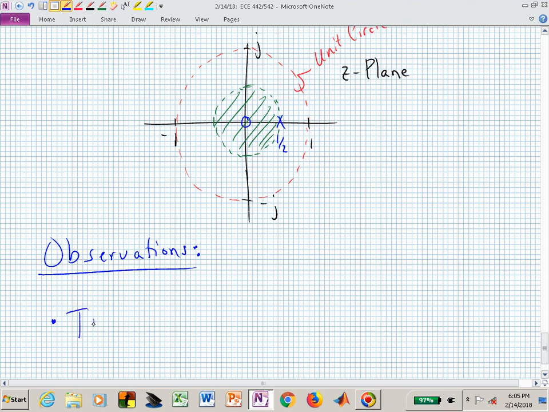Is that the time response, that's x sub 1 of n, or maybe let me emphasize this and say the time domain response was it bounded or unbounded?